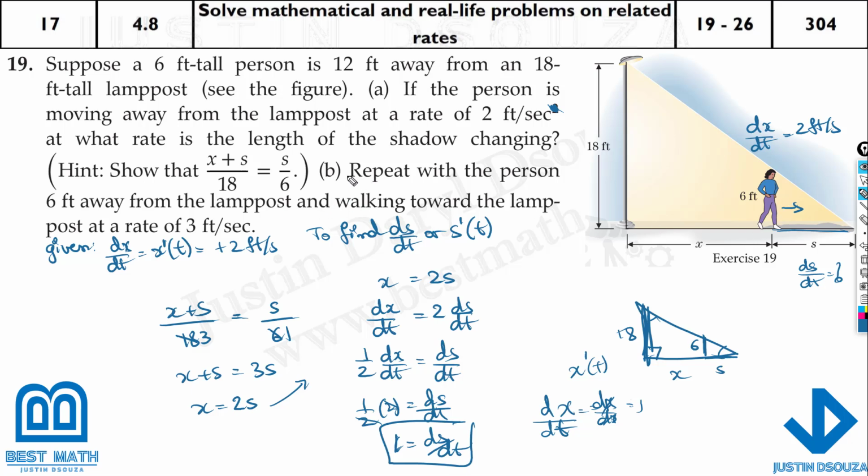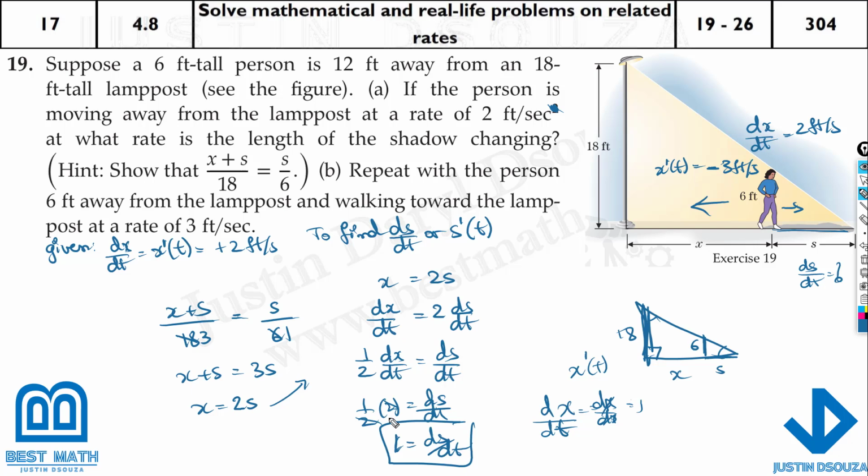Now the second part is to repeat with the person 6 feet away from the lamp post and walking towards the lamp post at the rate of 3 feet per second. I'll write it as x prime of t. It's the same thing, but it's minus this time, because he is coming towards it, so 3 feet per second is negative.